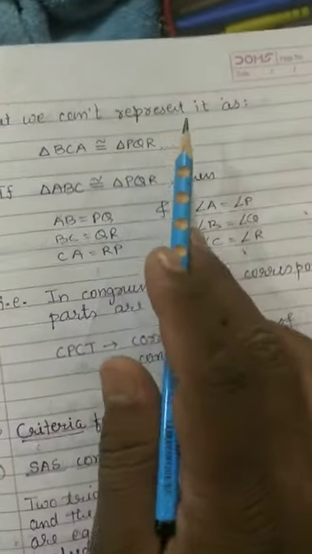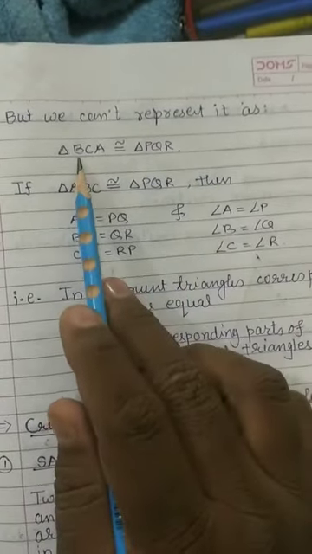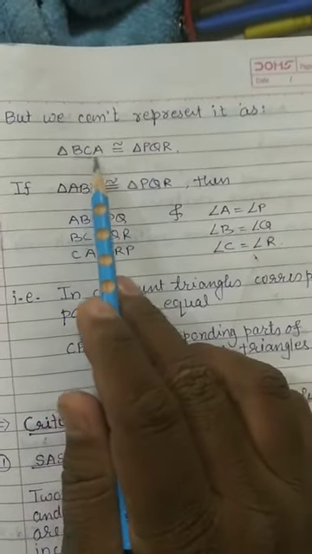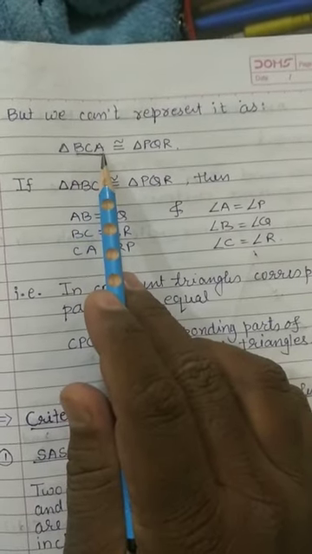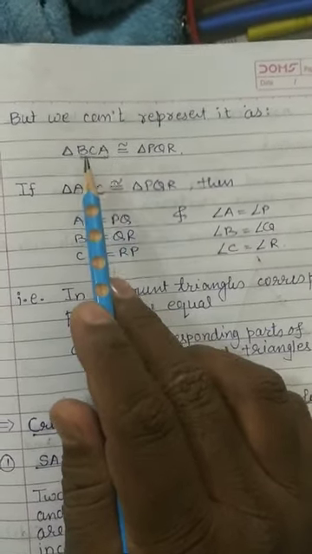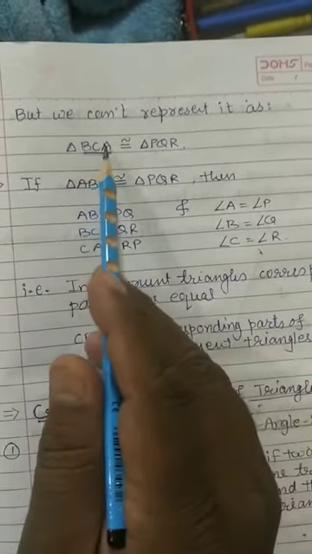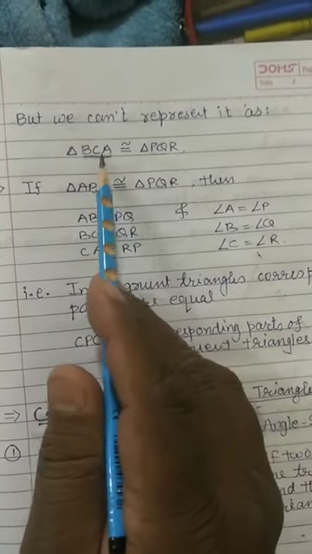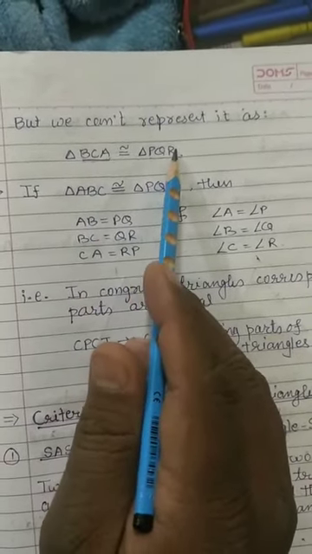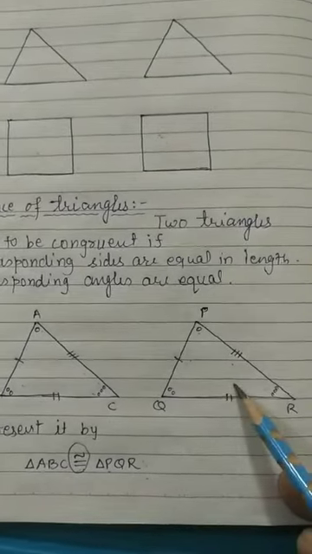But one thing you have to check here, we cannot represent it as BCA. Though ABC and BCA both represent the same triangle, you can't write it in this way, because then it would mean that BC is equal to PQ, CA is equal to QR, and BA is equal to PR, which isn't given in this diagram, right?